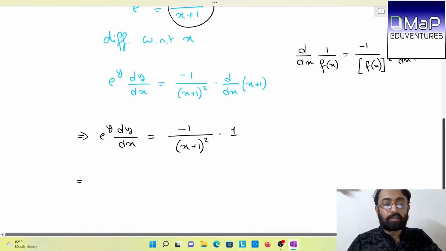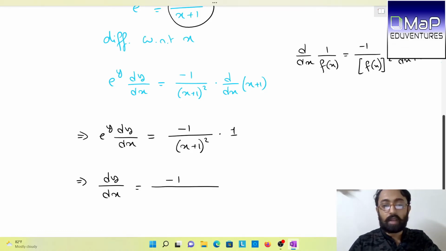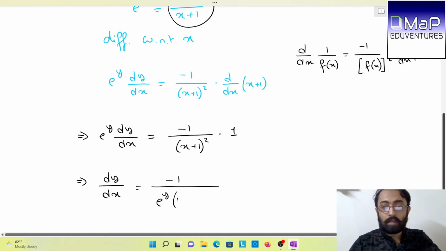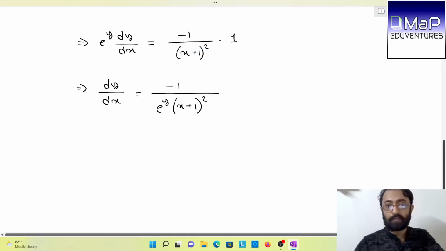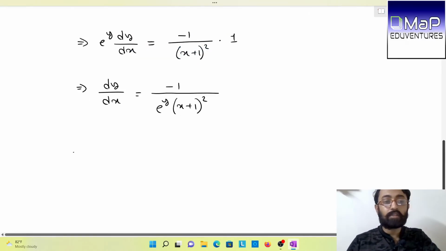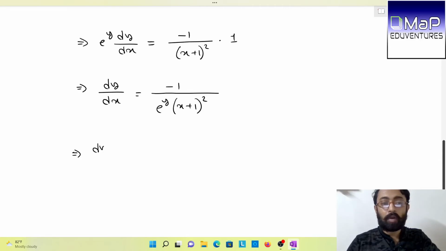All right, now let us do one thing, bring dy by dx alone, because as we discussed earlier, d2y by dx2 and dy by dx are on two different sides. So let me bring e to the power y on the right hand side. But e to the power y has its own value, which we get using 1.